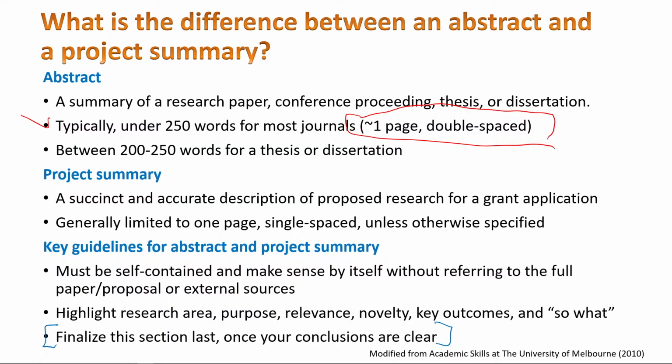You can start by writing this draft, but you finalize this section once you are done with your proposal. The last thing we do, after we are done with our research paper or proposal, is finalize the title and finalize the project summary or abstract to reflect what we are doing.